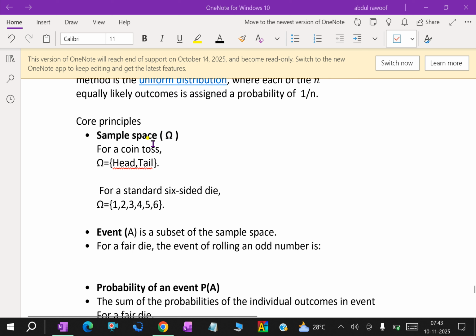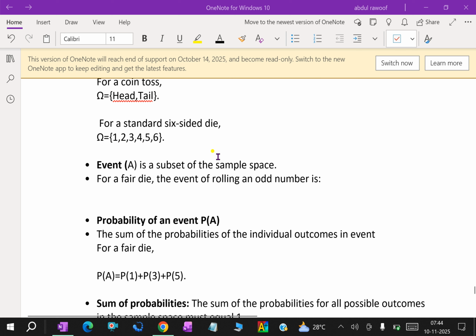Some core principles. Look at the sample space, which we denote as omega. For a coin toss, what is omega? Head and tail. That is the sample space, head and tail. For a standard 6-sided die, the sample space is 1, 2, 3, 4, 5, 6. Event A is a subset of the sample space.